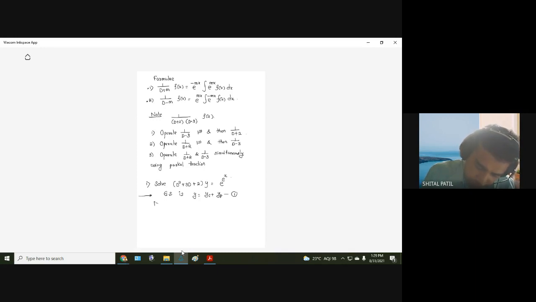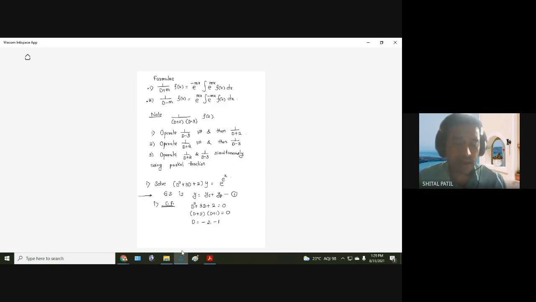First part, complementary function: d square plus 3d plus 2 equal to 0, that is d plus 2, d plus 1. So roots are minus 2 and minus 1, and therefore the complementary function is c1 e raised to minus 2x plus c2 e raised to minus x.